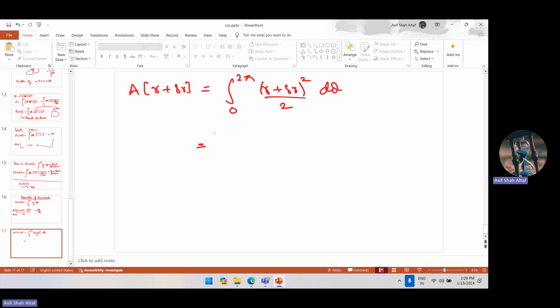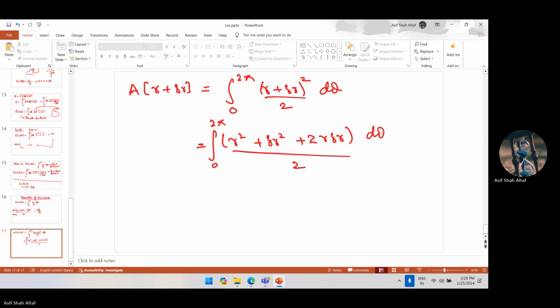If we use the binomial theorem here, what we will get is, since this change is already very small, delta r square can be ignored, considering only the first order terms.